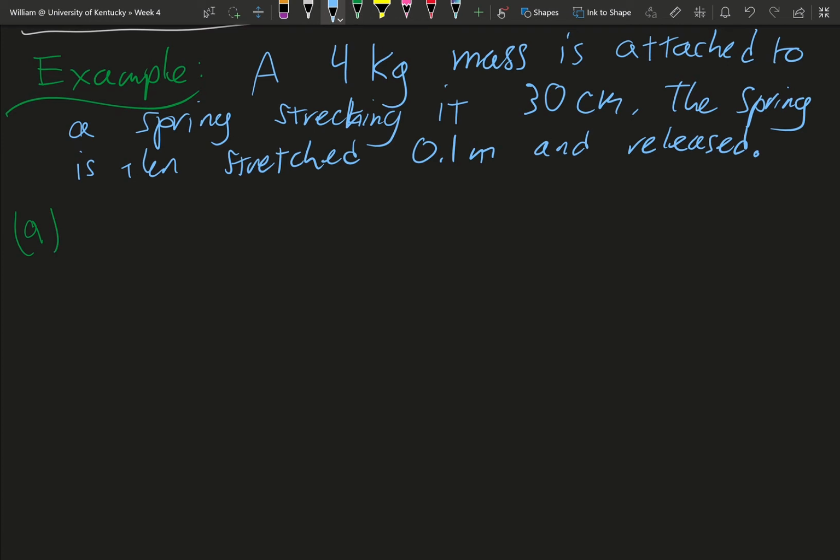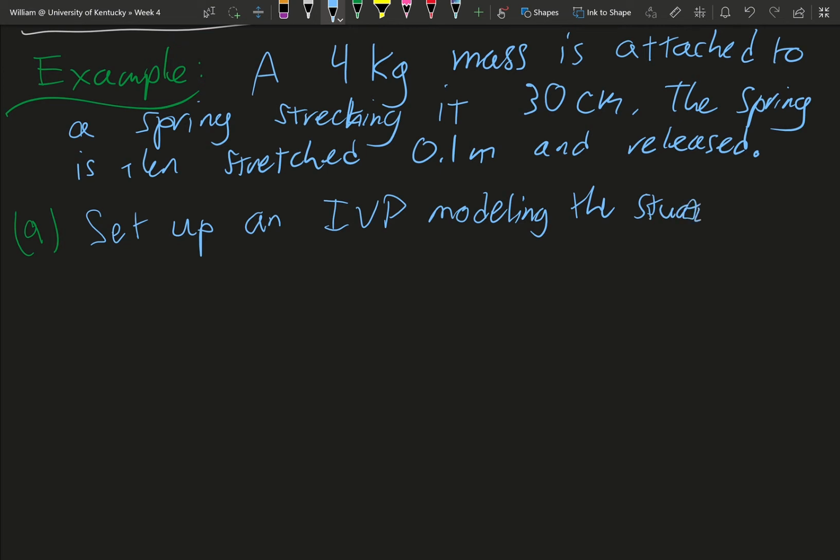All right, so we're going to solve this in two parts. First, we are going to set up an IVP which models the situation. And then part B, we're going to actually solve the IVP.